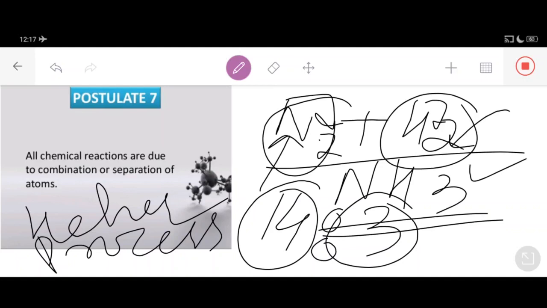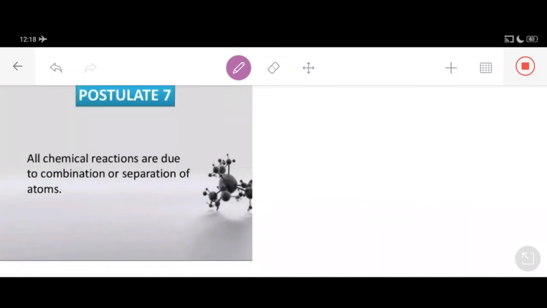Now the seventh postulate, the last postulate. The sixth postulate was the penultimate postulate. The seventh postulate is a very important postulate as far as Dalton's atomic theory is concerned. Let's discuss the seventh postulate, my dear students. What is postulate 7 telling us?